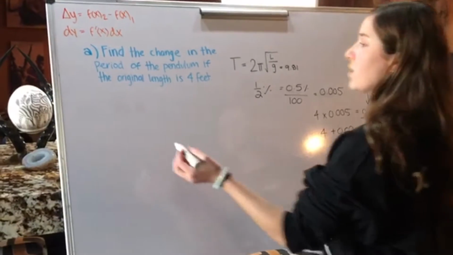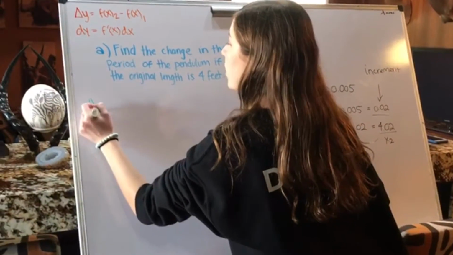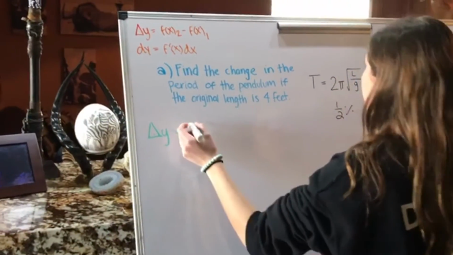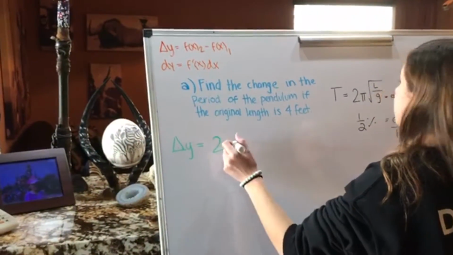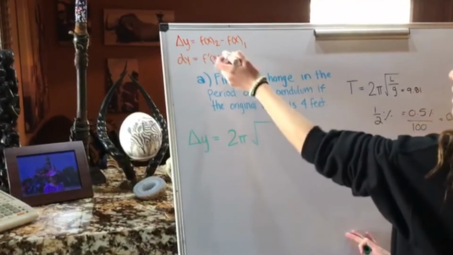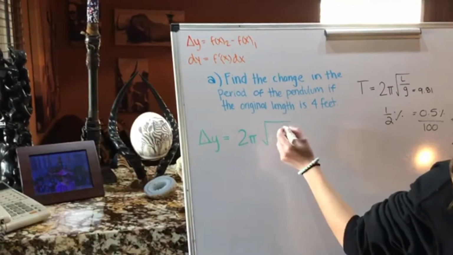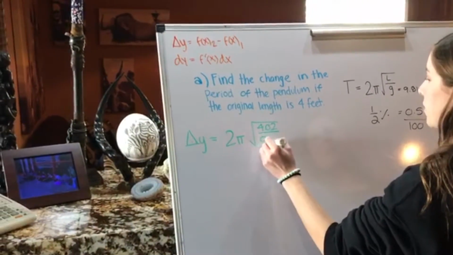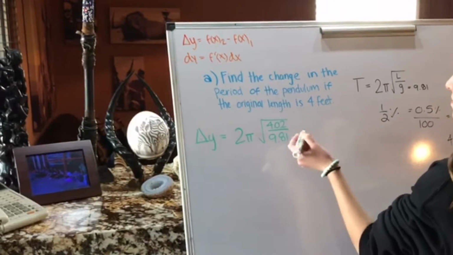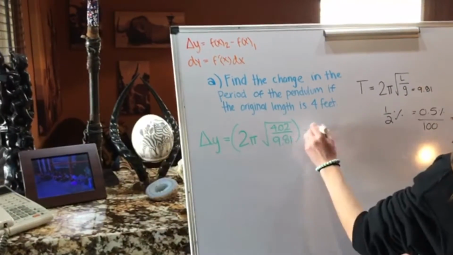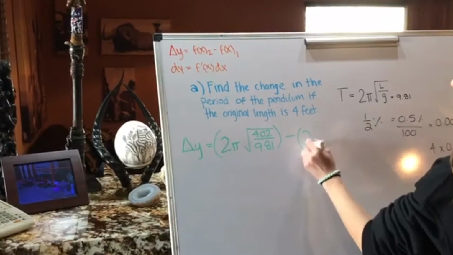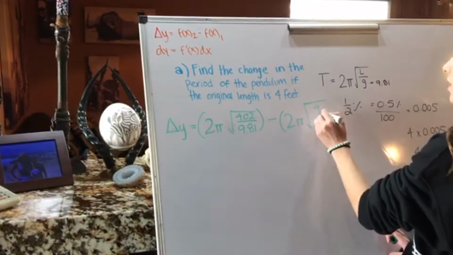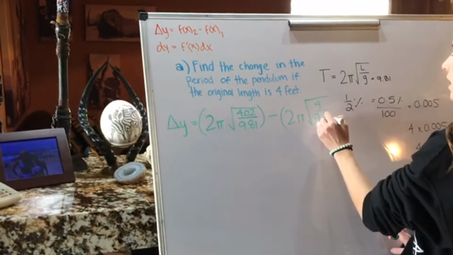So delta y is equal to 2 pi times the square root of 4.02 divided by 9.81, minus 2 pi times the square root of 4 over 9.81.